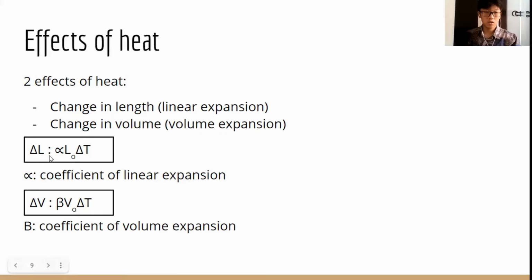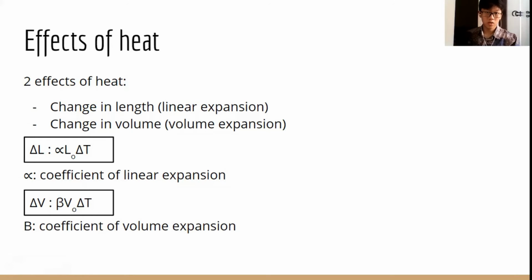Delta L is equal to alpha initial L times delta T. Alpha meaning coefficient of linear expansion, and here for volume expansion, the delta V is equal to beta times initial volume times delta T, with beta being the coefficient of volume expansion.